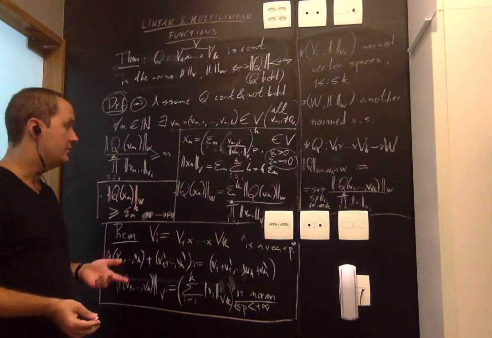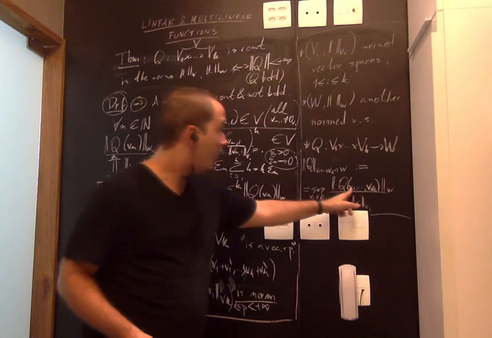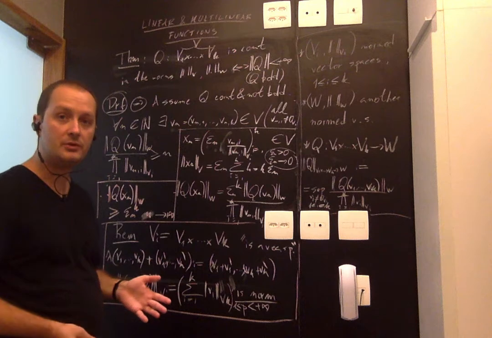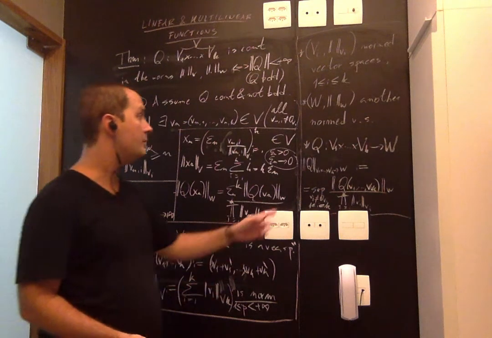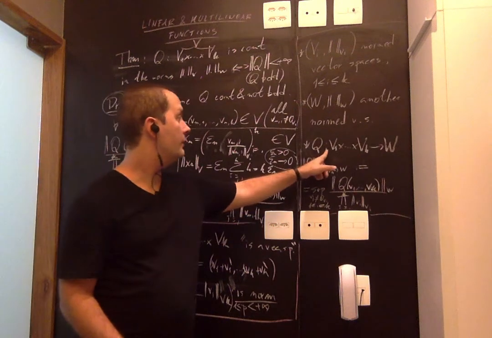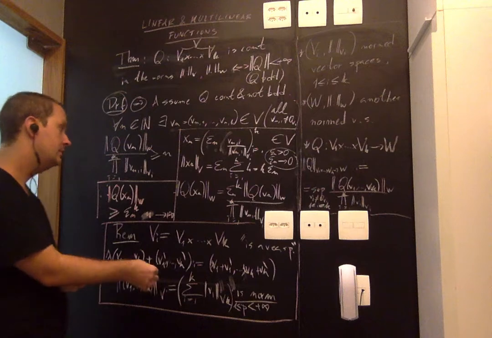And what is the contradiction? Well, q is multilinear, right? So if I take one of these inputs to be equal to 0, the value of q has to be equal to 0. For linear transformations, we know if the input is 0, then the output is 0 as well. Here, if one of the inputs is 0, that guarantees that the output is 0.